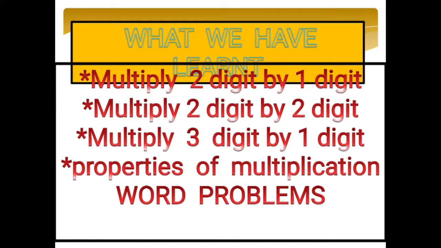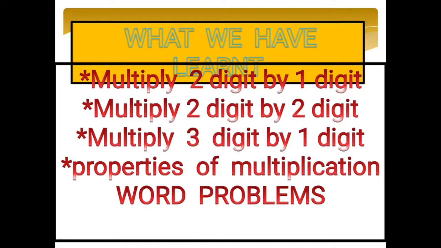And if you know the tables and you understand the concept of multiplication, then whatever number multiplication, 1 number, 2 number, 3 number, you can do it in a very simple way. So please apply all these things practically in your notebook, in your workbook, at home, then you will learn something new.